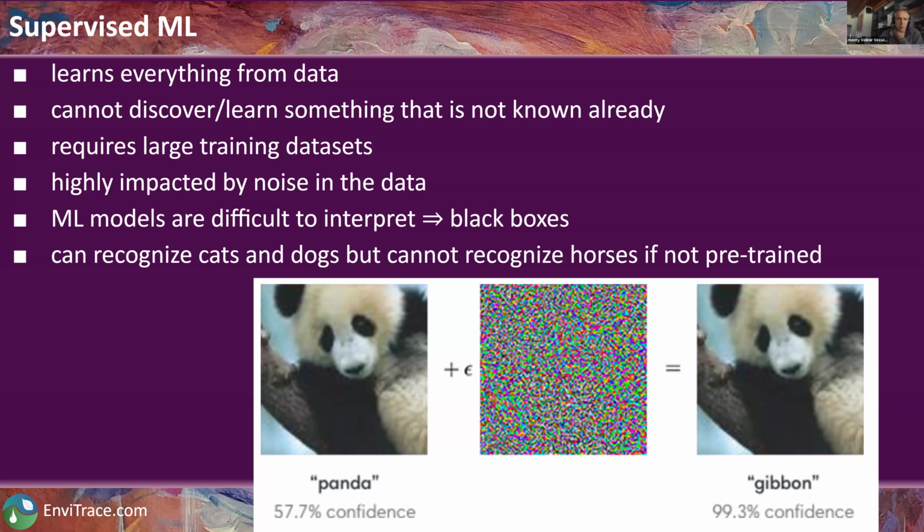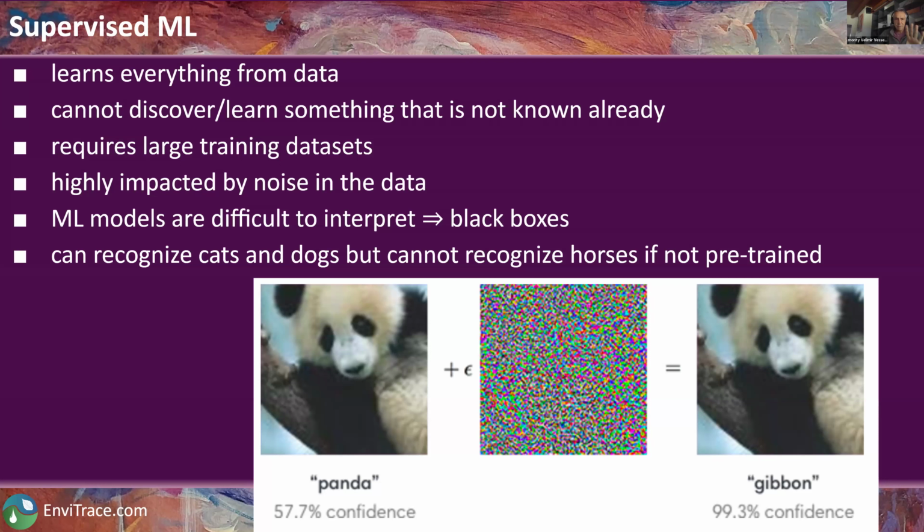However, one of the important things is that very frequently these algorithms can be fooled. What I'm showing on the bottom is an image of a panda that the algorithm recognizes very well. However, if you add noise to the image that you cannot see, which is on the right, so the right is the same image but with added noise that you cannot see, actually the algorithm can be totally fooled and think this is a different animal.